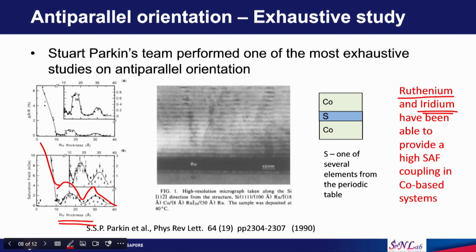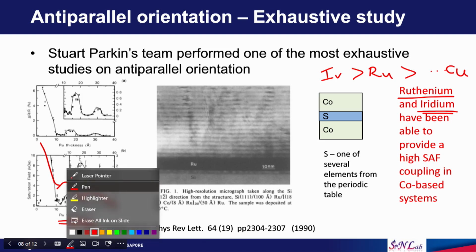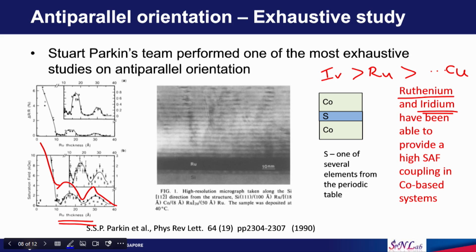Iridium has been reported to have very large exchange coupling compared to ruthenium, and compared to this, other materials are much inferior. Let us say you take copper, for example. In the case of copper, maybe this coupling is very weak.